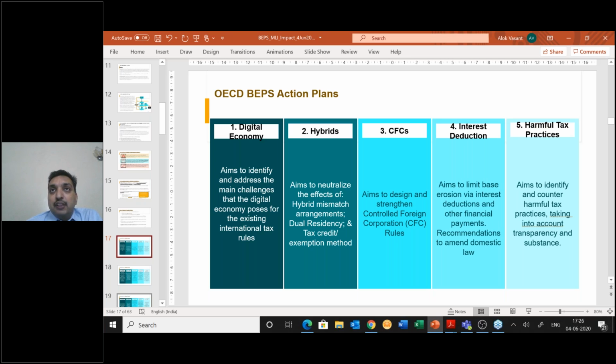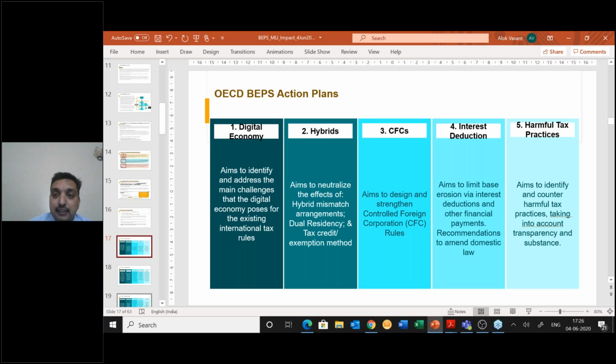Both the countries have a different tax regime, and multinationals could plan their affairs in a manner to take advantage of these different tax systems. So this was another action plan which looked at these scenarios and then recommended changes. Action plan 3 recommended changes on CFC rules, or controlled foreign corporation rules, and we've seen how CFC rules were subverted by Apple.